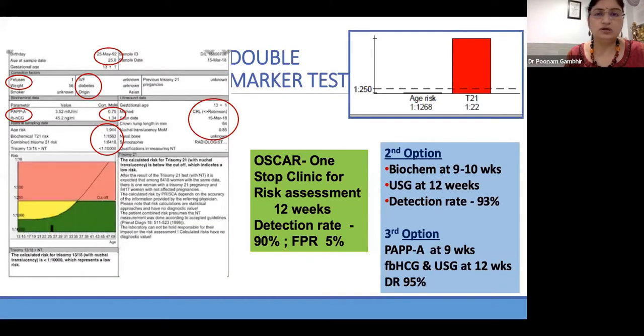So this is a report of a first trimester double marker test.